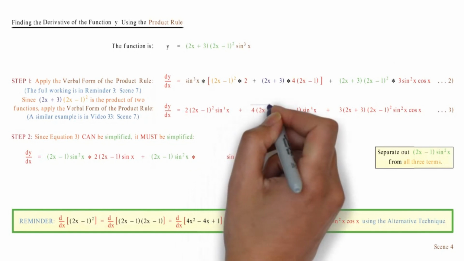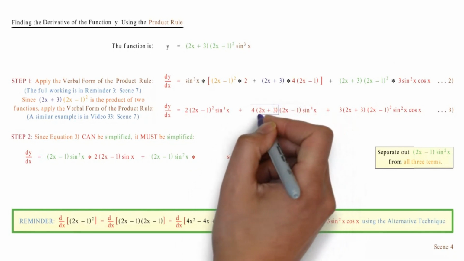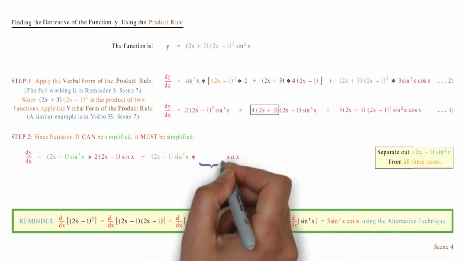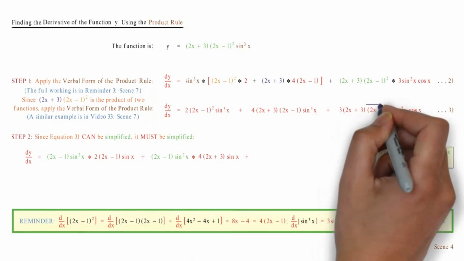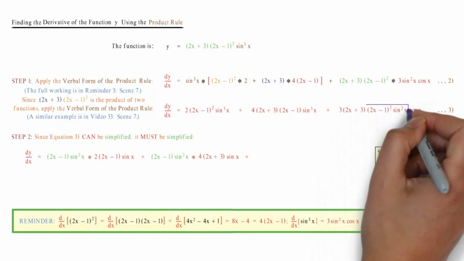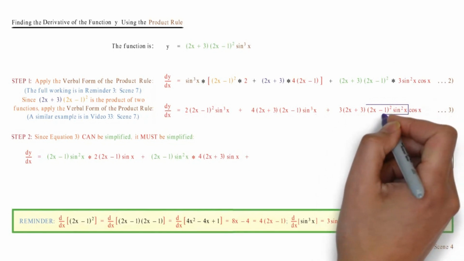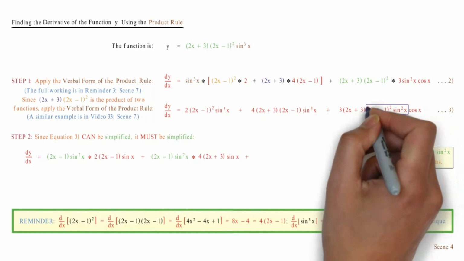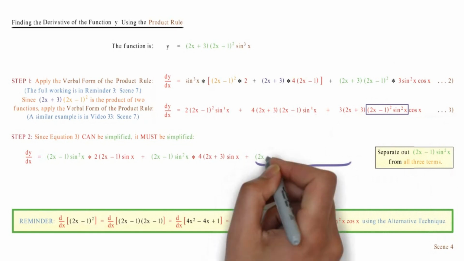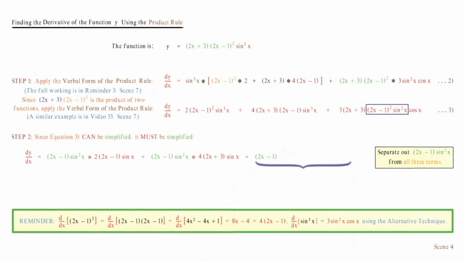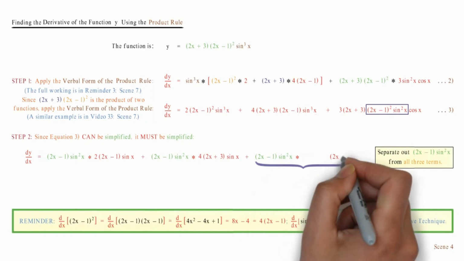Bring 4 times 2x plus 3 down. Plus, bring 2x minus 1 all squared sine squared of x down as 2x minus 1 sine squared of x times 2x minus 1.